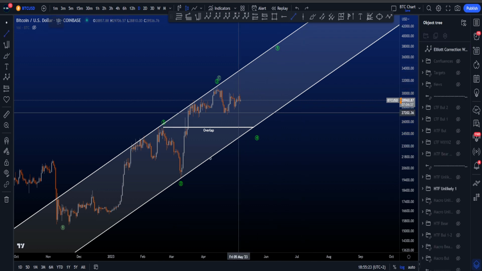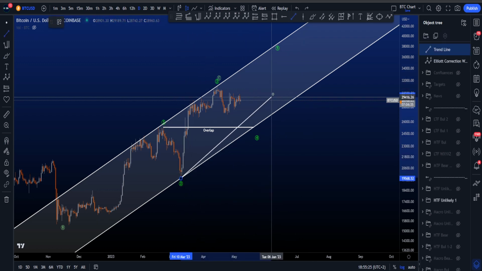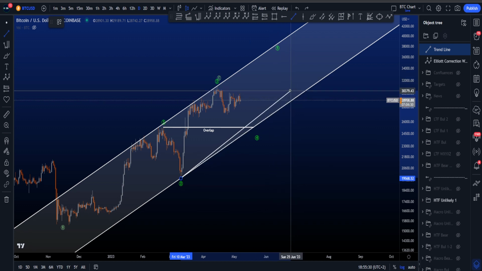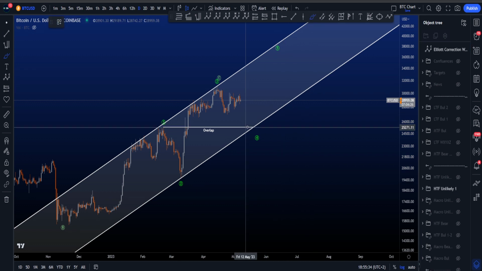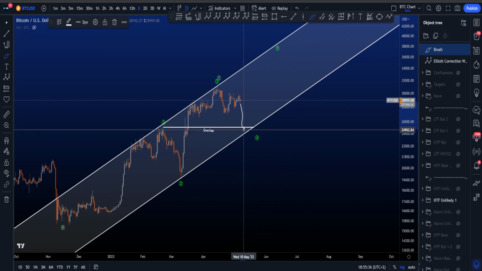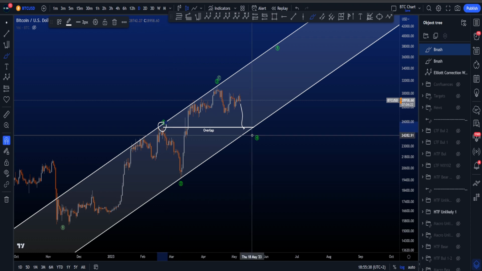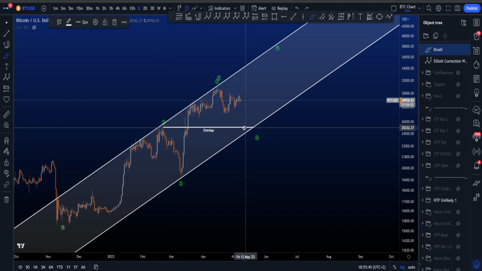But you want to see in a diagonal, of course, the trend lines converging. So the trend line should move from here to the upside. That's what you want. However, that also means that price has to dip inside this area to create overlap with wave 1, create a low over here, and then move up.